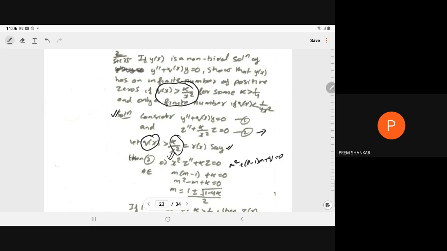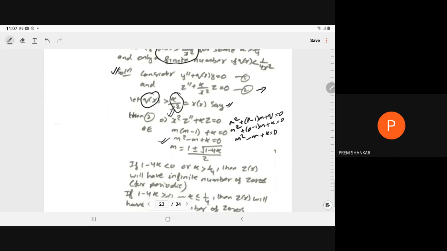We can reduce this into a second order differential equation with constant coefficients. Here p is equal to 0, so it becomes m square minus m plus k, with q equal to k, is equal to 0. So it is m square minus m plus k is equal to 0. So here we have the auxiliary equation.